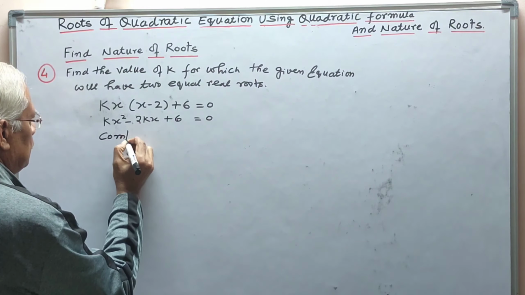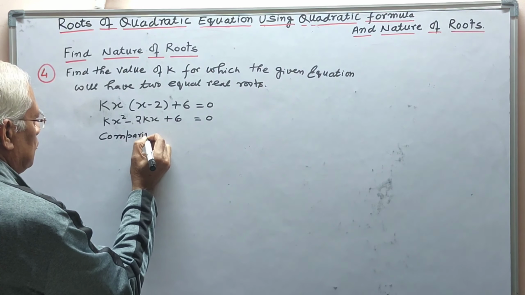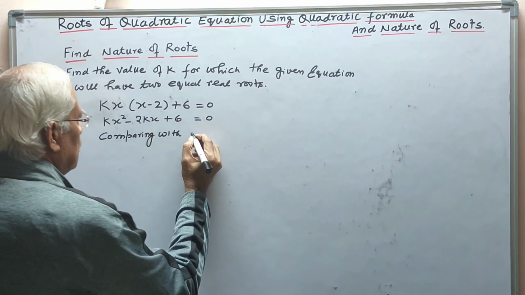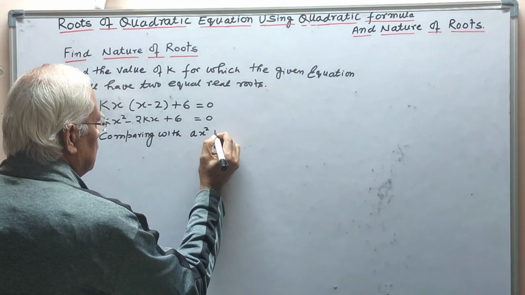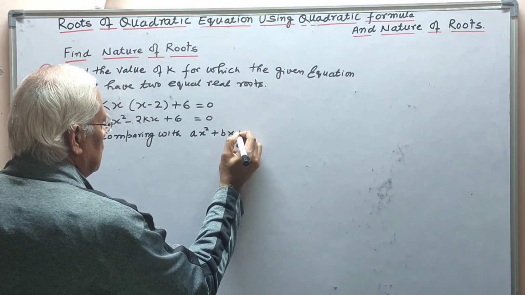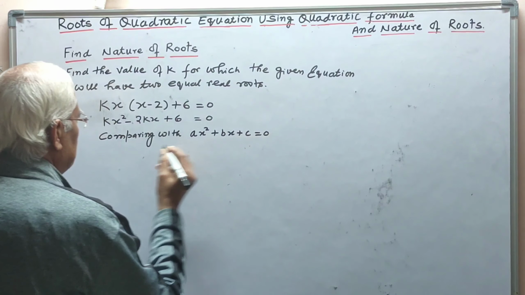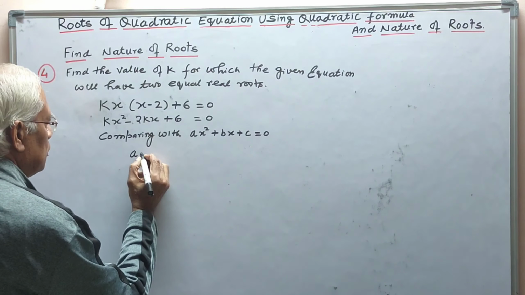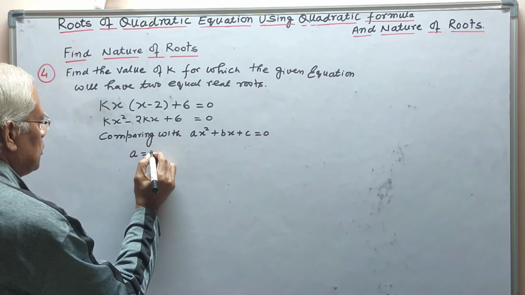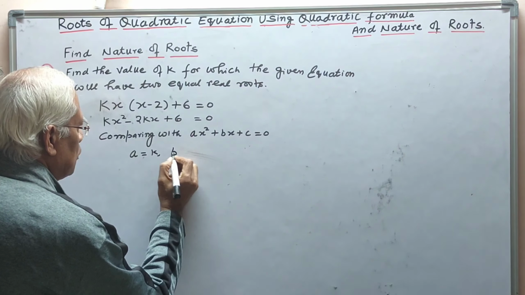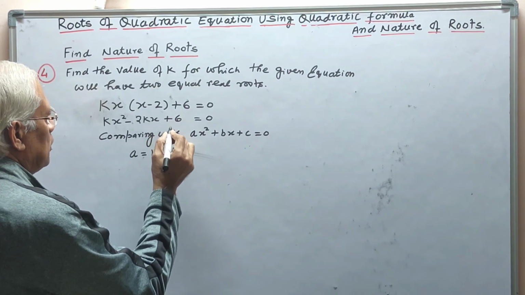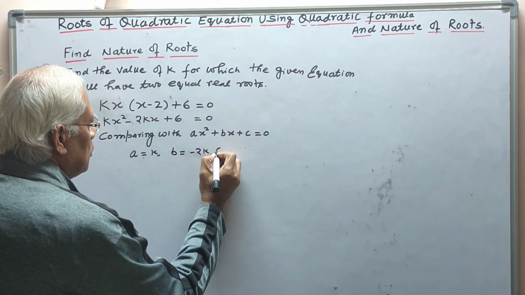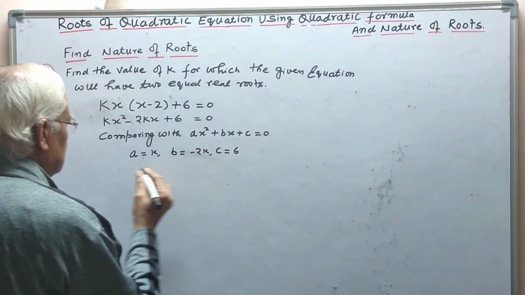Comparing with ax square plus bx plus c equal to 0, a equal to coefficient of x square, and here coefficient of x square is k, b coefficient of x, and here coefficient of x is minus 2k, c constant term, which is 6.